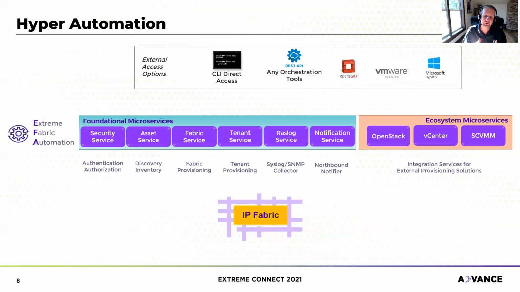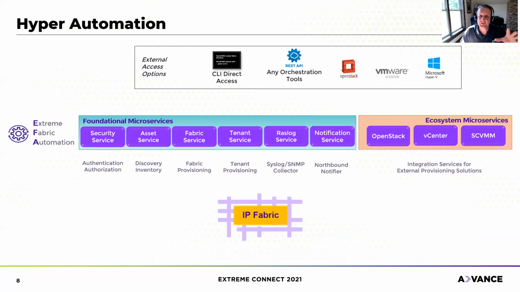We've added a lot of other capabilities and features within EFA and the fabric itself to really ensure, again, go back to that same word, integrity. So a quick example: if we have two switches that are a pair inside the fabric and one switch is down, the other switch continues to be provisioned.